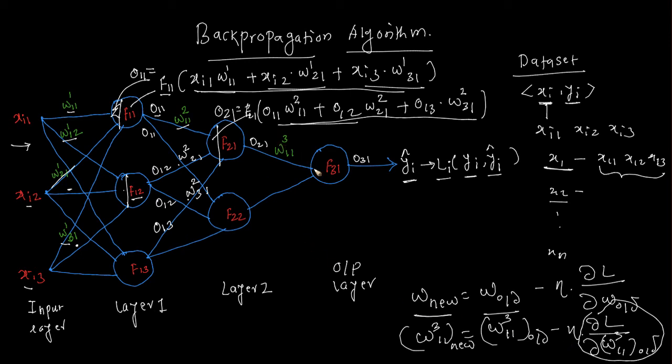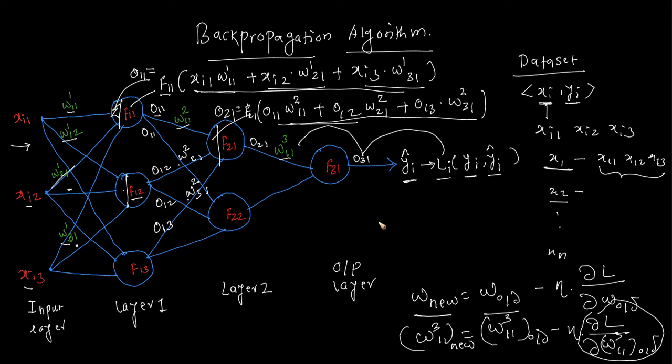So now how do we update these weights? Of course, while updating these weights and calculating the derivatives, we use chain rule and memoization, which we discussed in the previous videos. So chain rule means in order to compute the derivative of loss with respect to this, I compute the derivative of loss with respect to O31 and the derivative of O31 with respect to W311.